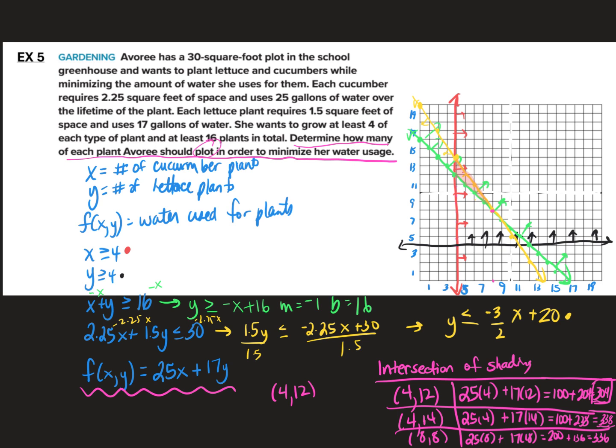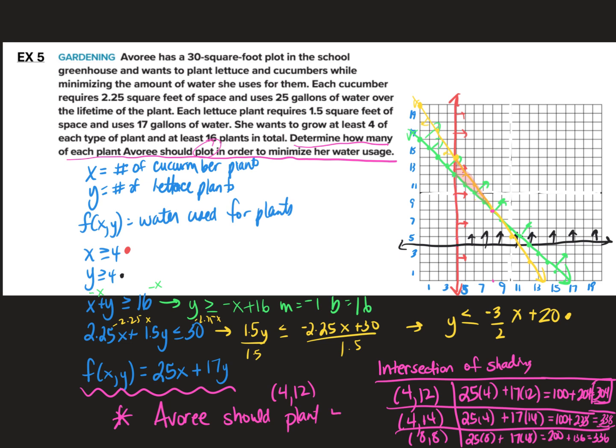So that means that Avery, here's my final answer. Avery should plant 4 cucumber plants and 12 lettuce plants to minimize the water usage.